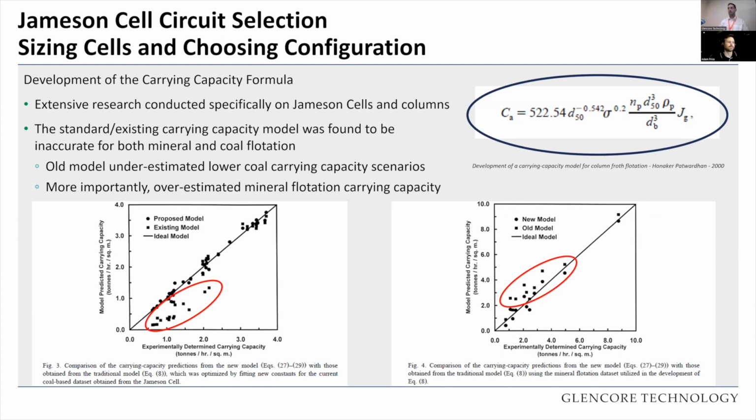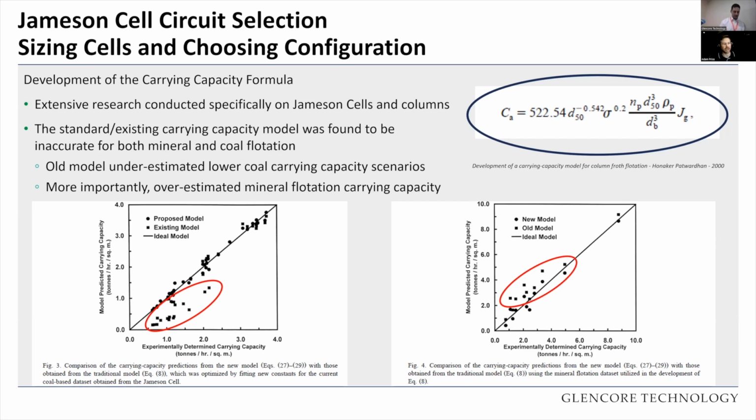A paper was constructed from this research and was completed on both the Jameson cells and columns specifically. It was looking at whether the current industry-wide model being used was working well for columns and Jameson cells.